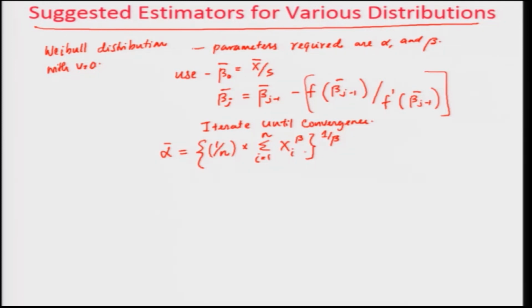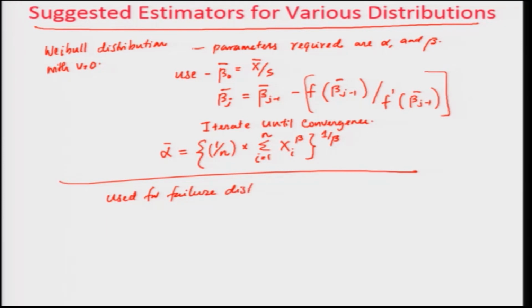Once you get the value of beta, then you calculate alpha bar using that particular value of beta that you obtained. Okay. So, this is used for failure distributions, time to failure and other things, but this is not very common, but please study from stats textbooks.